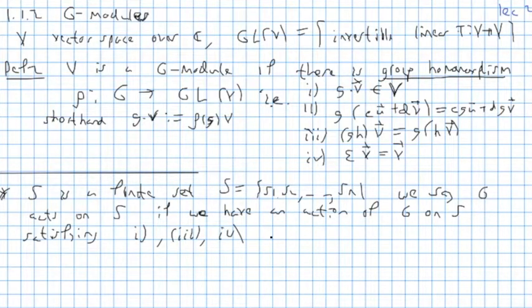So that's what it means to have a group action on a finite set. We're just missing two. So it's very close to the definition of a module. So let's see what we can do to have two being true.